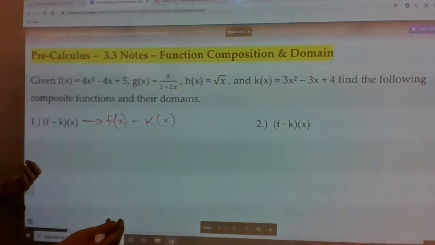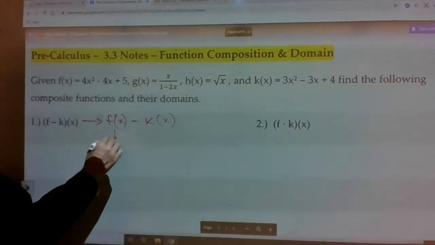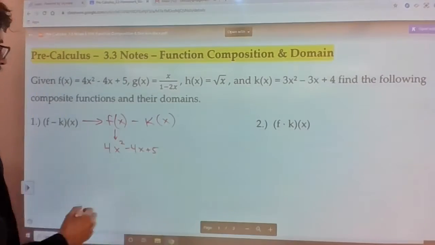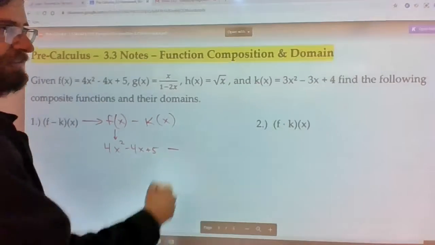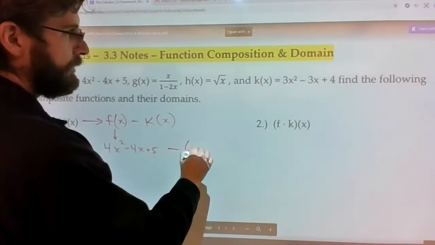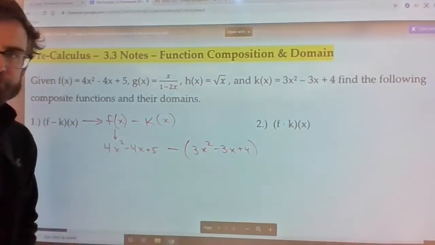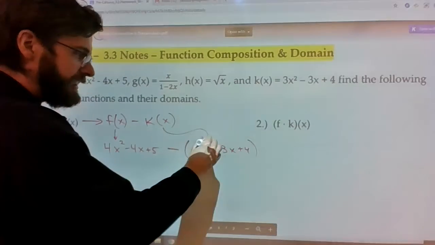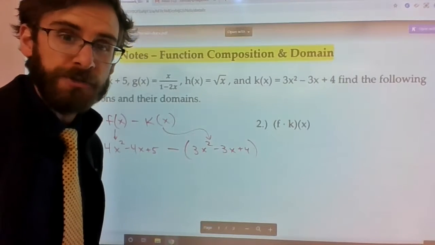We literally only have to take this polynomial, 4x squared minus 4x plus 5, f of x, and then subtract our k value, 3x squared minus 3x plus 4. Is it really that easy? Well, for this problem it is. All we got to do now is polynomial subtraction.